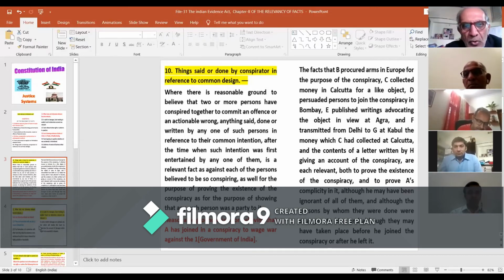So this section is a lawful answer for the conspiracies which are hatched in secrecy, when conspiracies are mental state agreements.